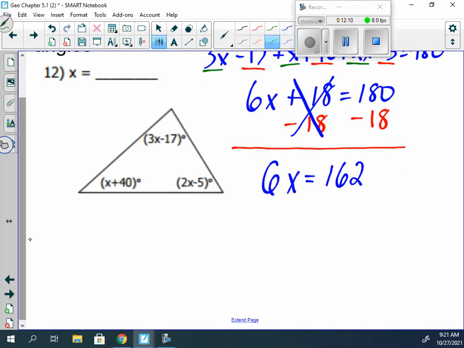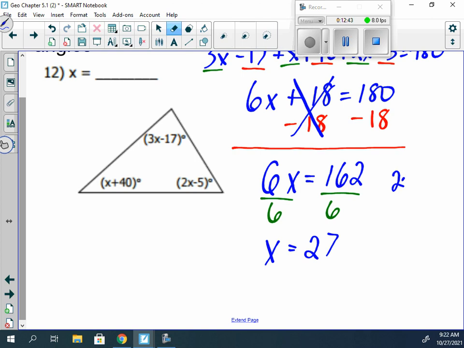And last but not least, divide by 6, because 6x divided by 6 is x. 162 divided by 6 is, because 6 goes into 16 2 times, which would be 12, which would leave us with 4. Bring down the 2, 42, 7 times 6 is 42. Or if we did 162 divided by 6 in the calculator, we should get 27.